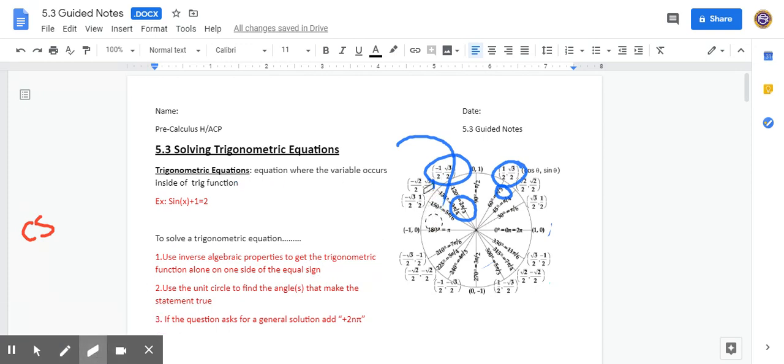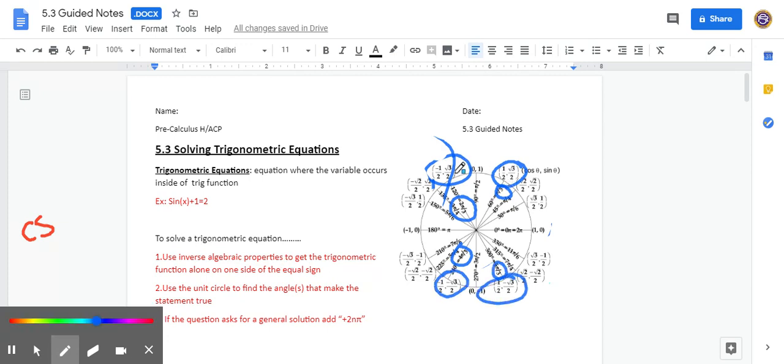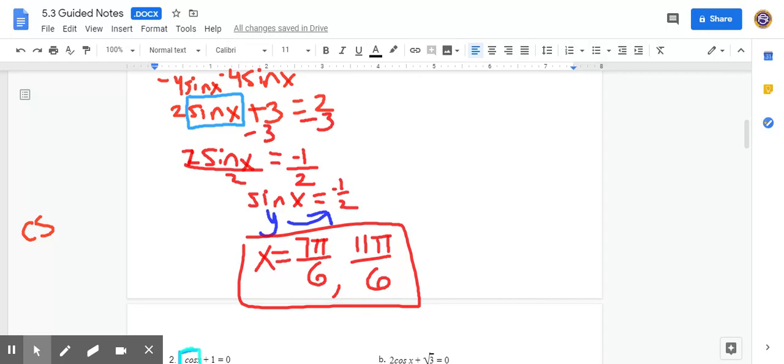And then we have 4 pi over 3 and 5 pi over 3. So your answer should match up with the angles being very similar. So it's all the pi over 3.